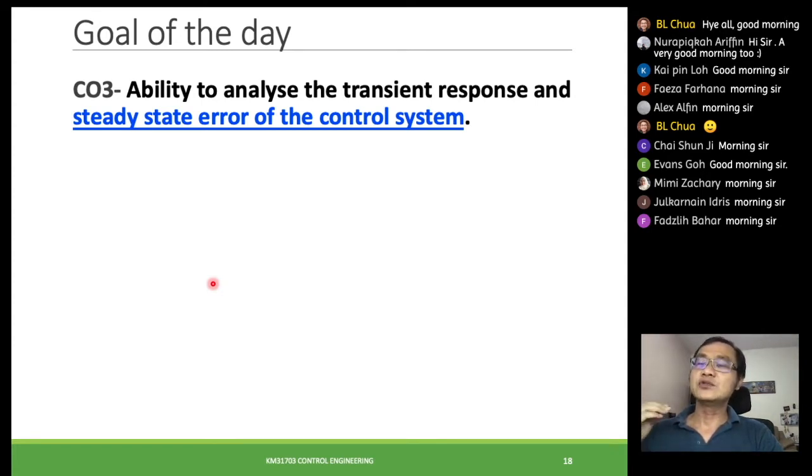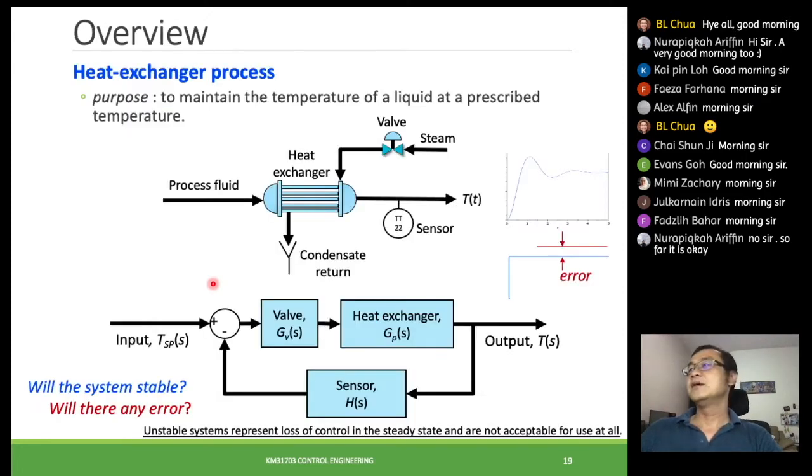That's why we try to measure the difference between the final value and our target value, our original intended value that we give in. This would try to address our course outcome number 3, which is related to the steady state error of the control system.